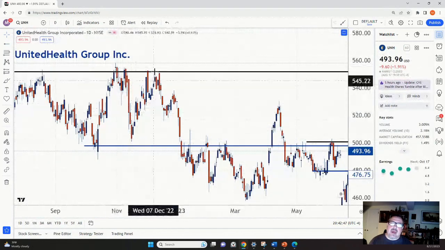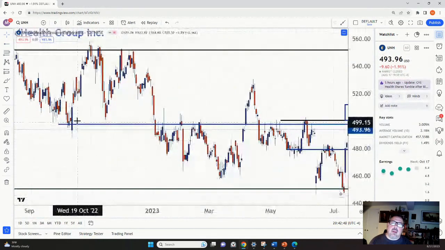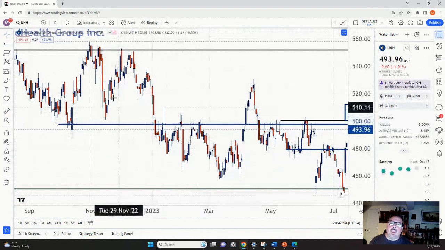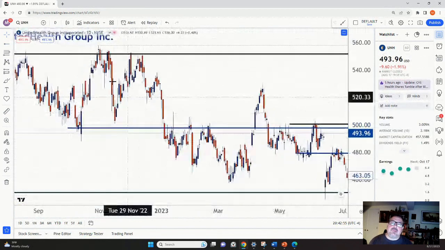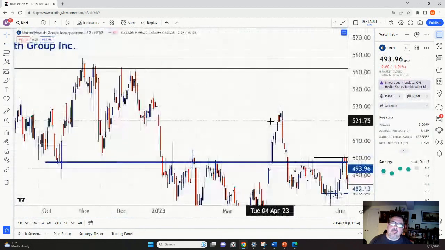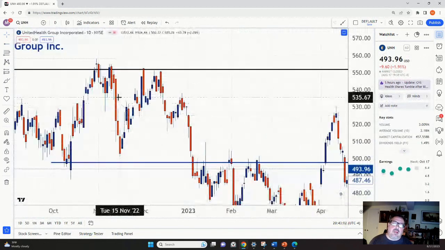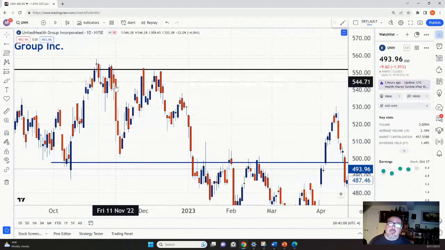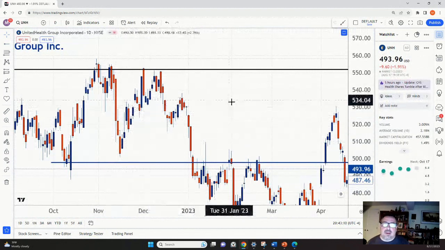Fast move down, fast move up. What do we just talk about? Support can become resistance because of buyer's remorse. When you blast through these levels really quickly on the downside, you don't have a lot of time for there to be a lot of vested interest, a lot of buyers who are going to want to sell on the way up. So we blast down really fast. We go up really fast.